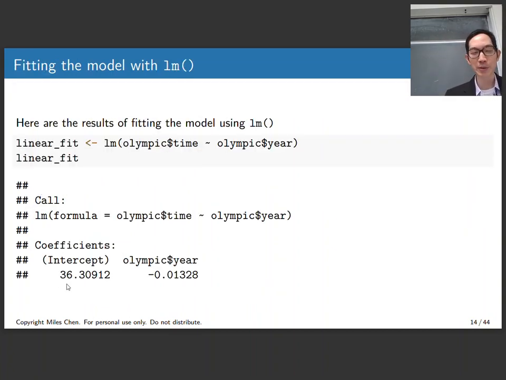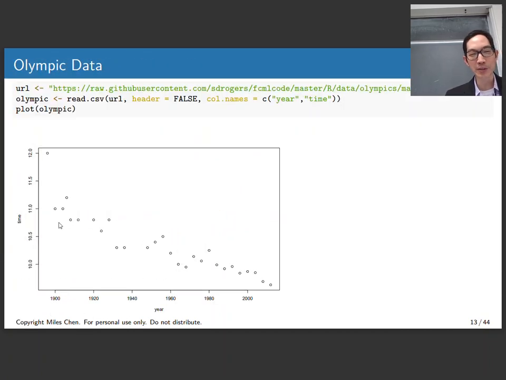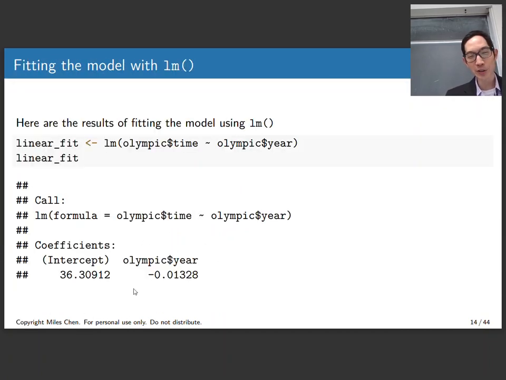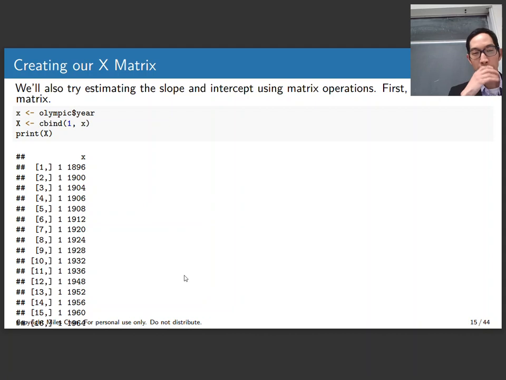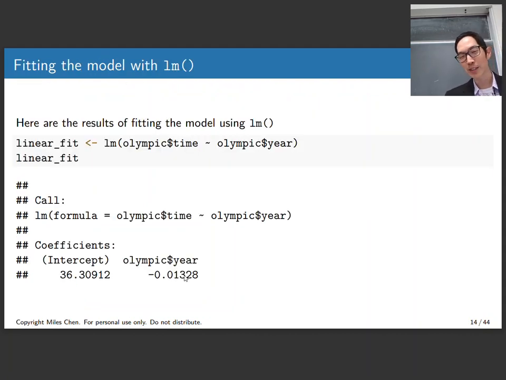But anyway, as every year goes by, our prediction for the winning gold medal time drops by a little over 1/100th of a second. Just a tiny bit, it gets a tiny bit faster. So this is the answer of lm: 36.3, negative 0.013.